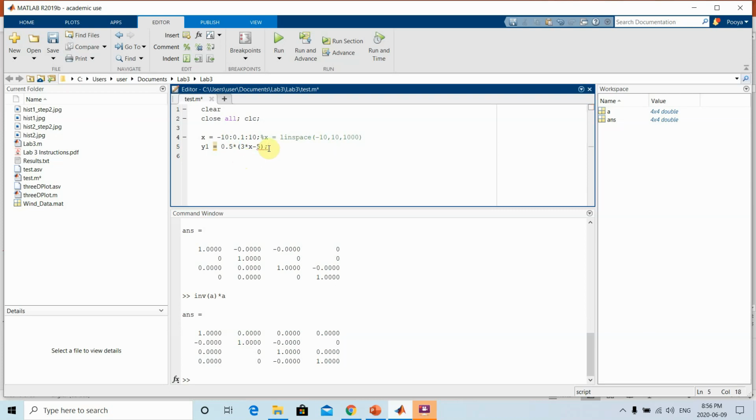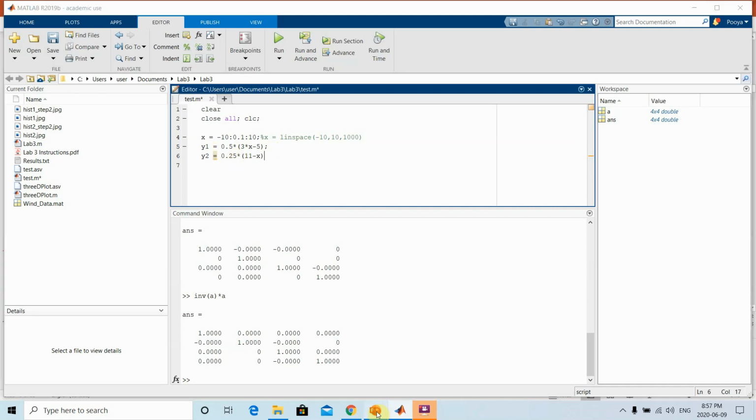This is going to be the first equation, and y2, the second equation, is going to be equal to, let's see what that is, 1 over 4, or 0.25, multiplied by 11 minus x.